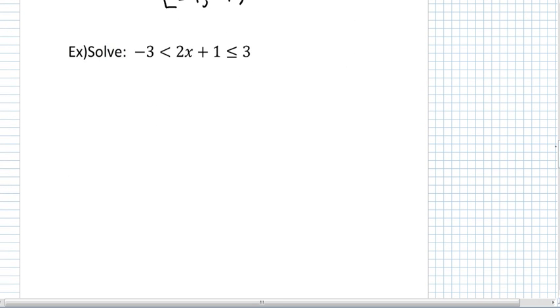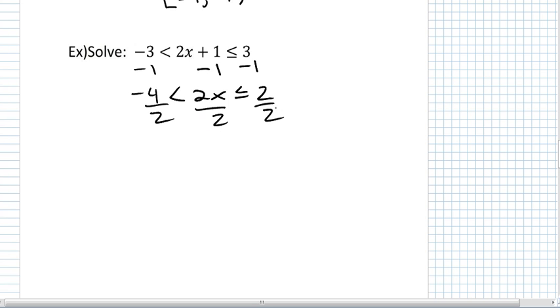Go ahead and try the next one on your own, and then we'll go over it. Pause it. You subtract 1. Then divide by 2. So you get -2 is less than x, which is less than or equal to 1.